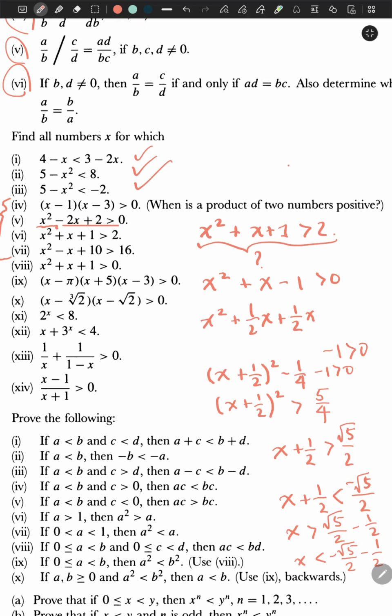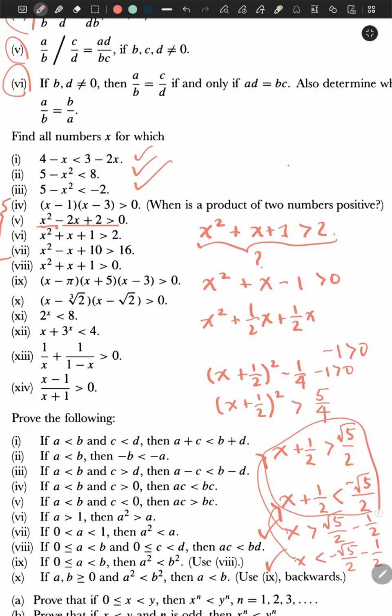Okay, so for problem VI, when x is greater than square root of 5 over 2 minus 1 over 2, and x is less than negative square root of 5 over 2 minus 1 over 2, then this inequality is satisfied.